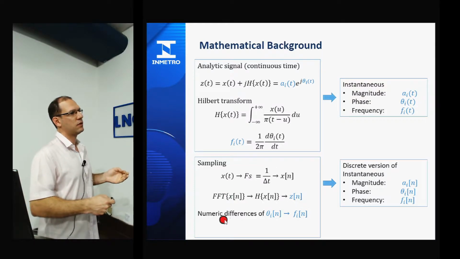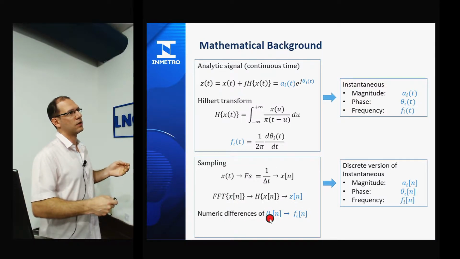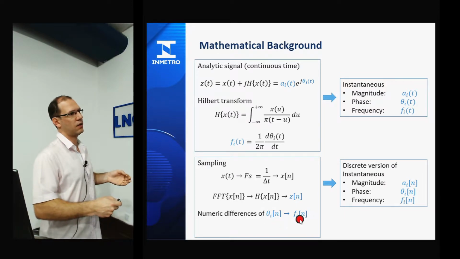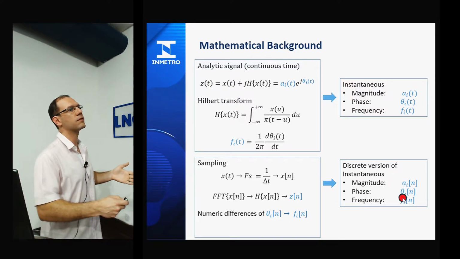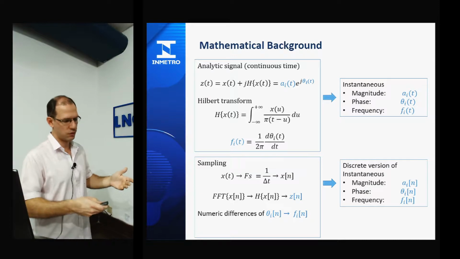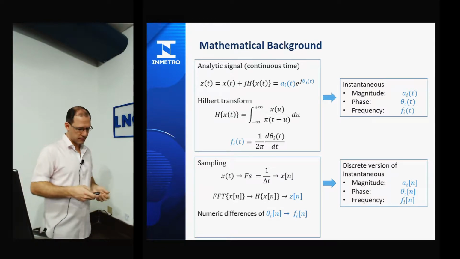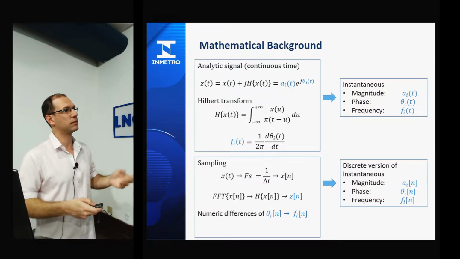And by the numeric differences of the instantaneous phase, we can have a discrete version of the instantaneous frequency. So we have a discrete version of each one of these signals that we will use in our detection procedure.